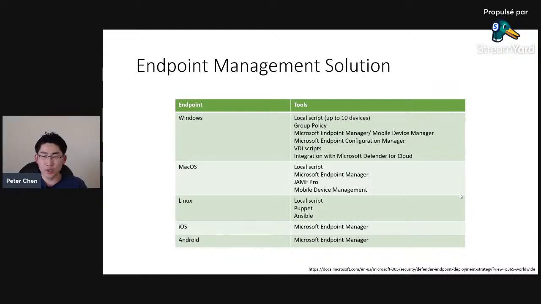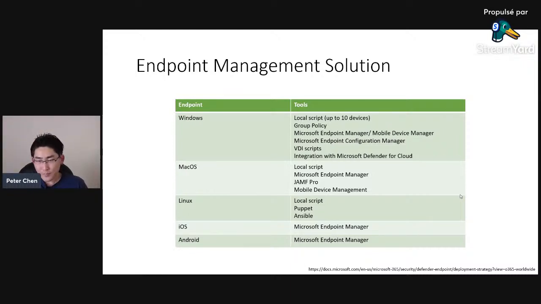For workstations, you can use Intune, AKA Microsoft Endpoint Manager, to deploy the settings. For Mac, Jamf is supported, and obviously Microsoft's own Endpoint Manager is supported. For Linux, you have two supported options, Puppet and Ansible. And for iOS and Android, the official supported solution is to have the agent and configuration pushed down through Microsoft Endpoint Manager.